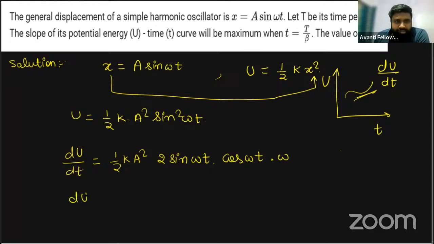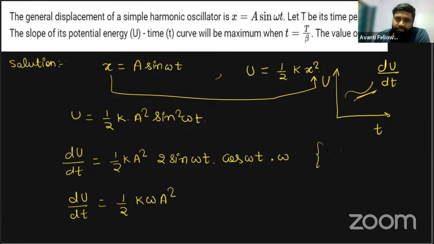So dU by dt you have as 1 by 2 times k omega A square, 2 sin omega t into cos omega t. It is a trigonometric formula: 2 sin theta into cos theta gives you sin 2 theta.